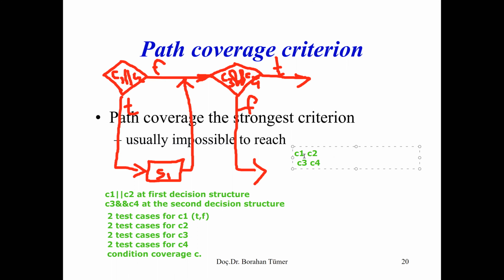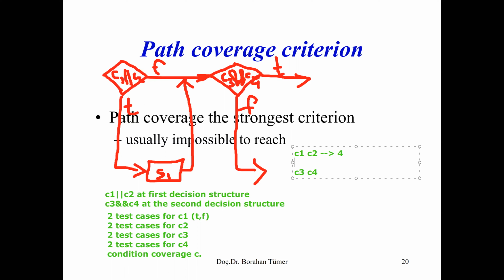For C1 and C2, since they're at the same decision structure, we should have four for this one, right? A truth table for C1 and C2 would give us four different combinations.